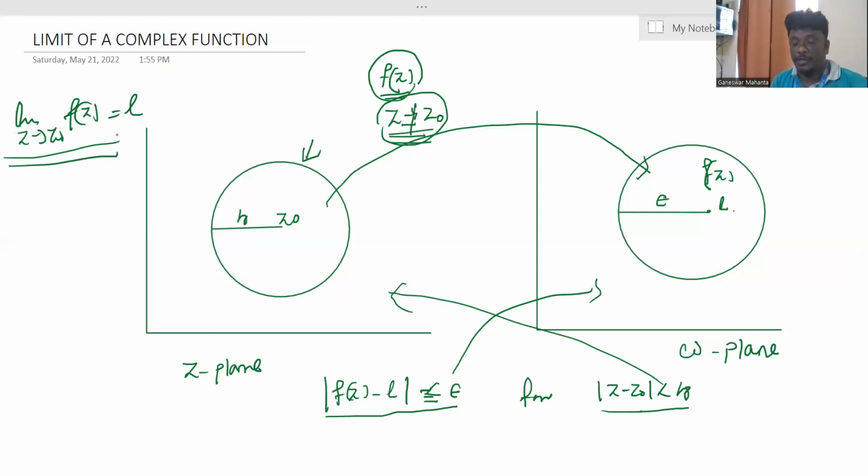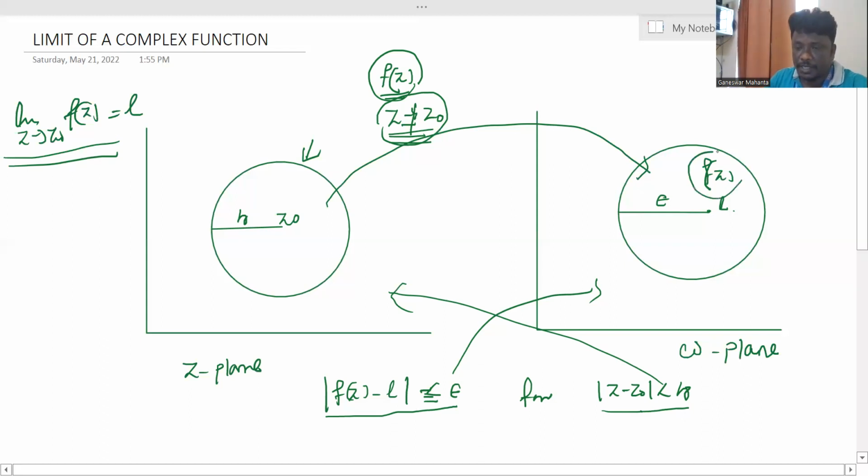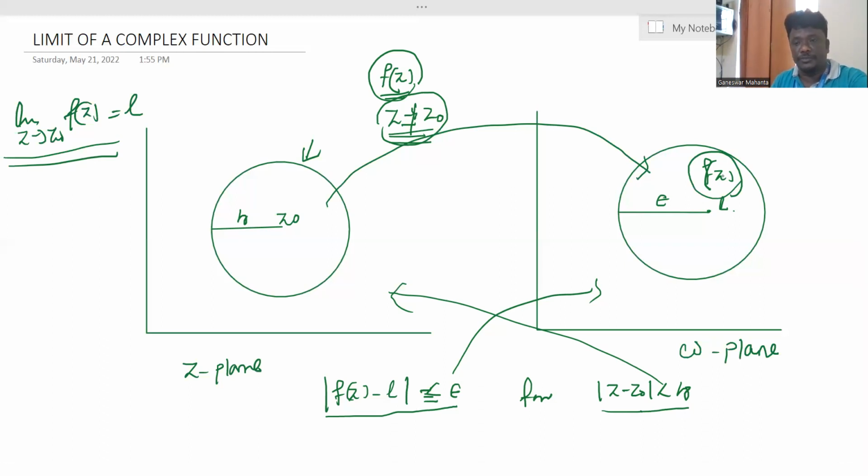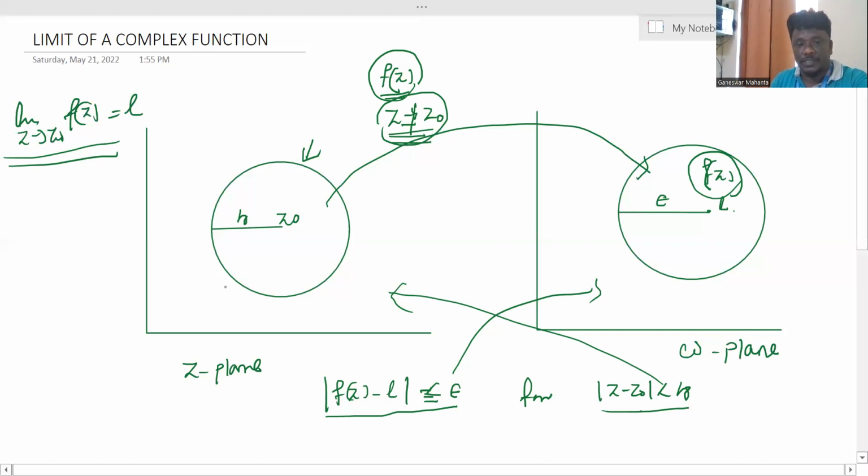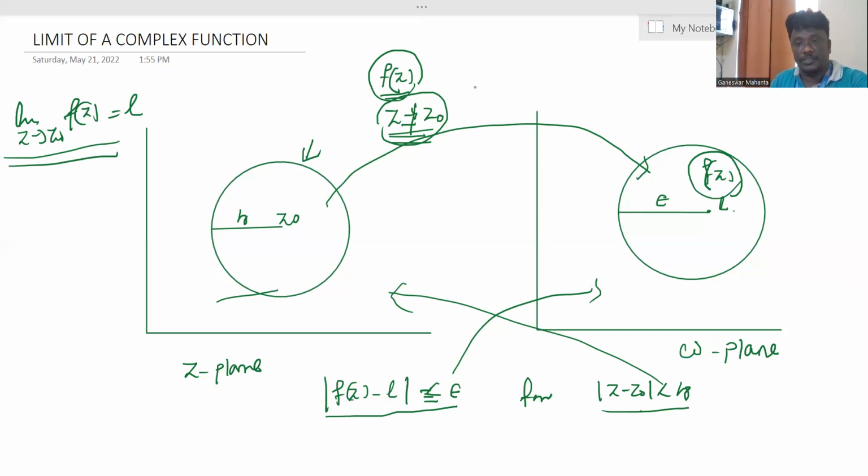So continuity of the function omega equals f(z): this function f(z) equal to omega is a continuous function at the point z0. We can say that the function f(z) is continuous at the point z equal to z0 if the limit as z tends to z0 of f(z) equals f(z0).